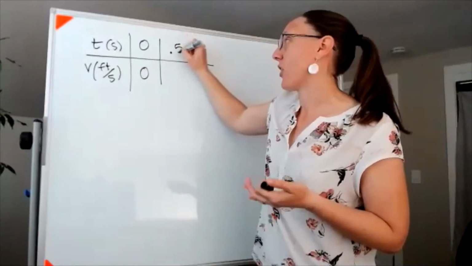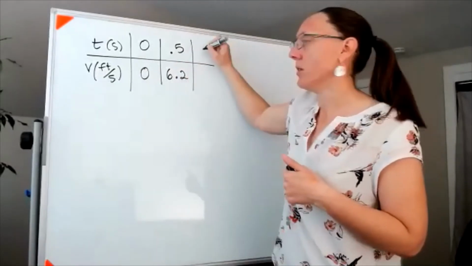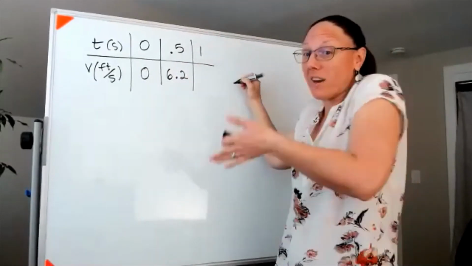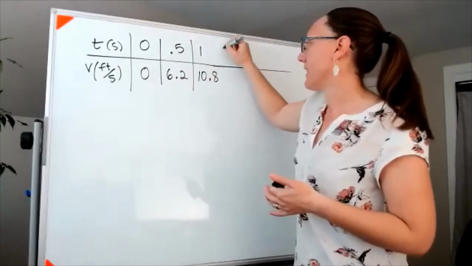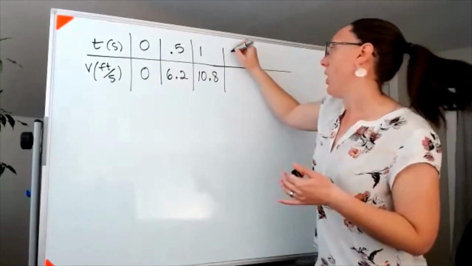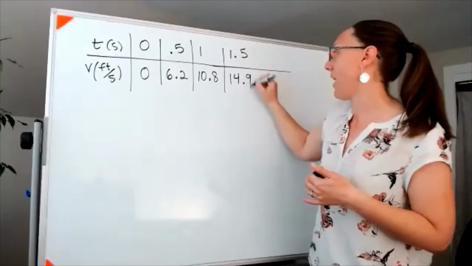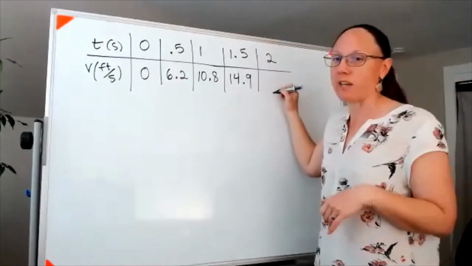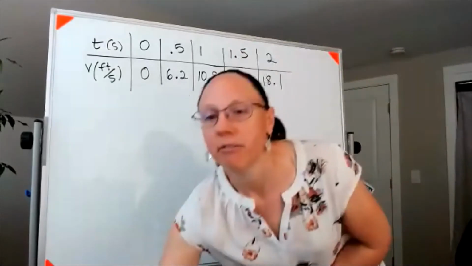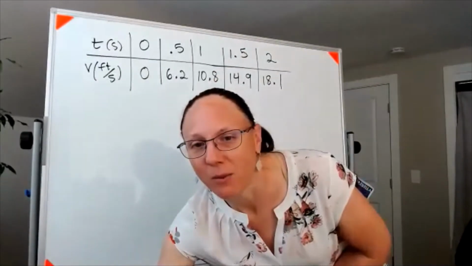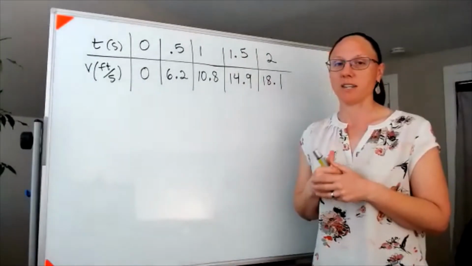Half a second later, the velocity was 6.2. 1 second into the race, the velocity registered as 10.8. Another half a second into the race, it registered as 14.9. And I'm just going to go one more. 2 seconds into the race, this was 18.1 feet per second. There's more data than that in the problem, but in the interest of time, I'm just going to use these 4 data points.